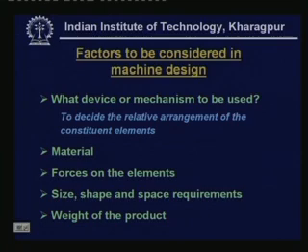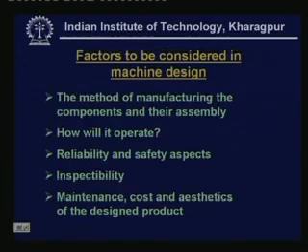Material, forces on the elements, size, shape and space requirement, weight of the product, the method of manufacturing the components and their assembly, how it will operate, reliability and safety aspects, inspectability, maintenance, cost and aesthetics of the design products.